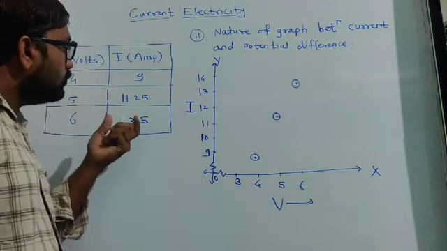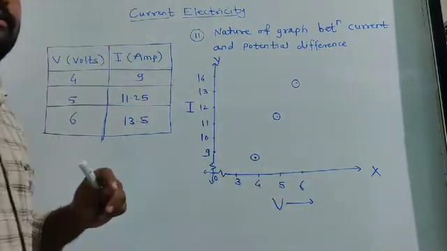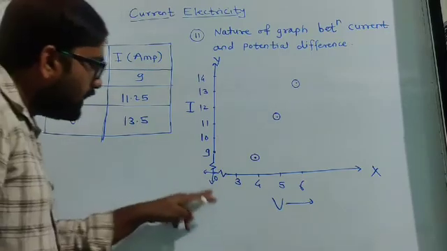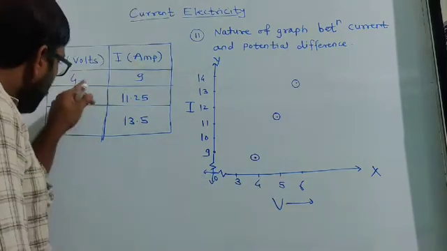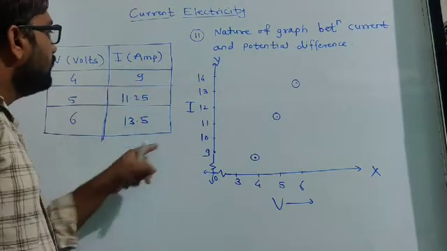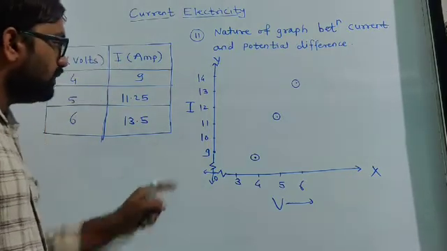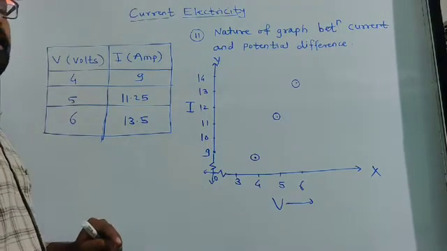First, we have to draw this graph using an x and y coordinate system. On the x axis we will take values of voltage, and on the y axis we will take values of current.